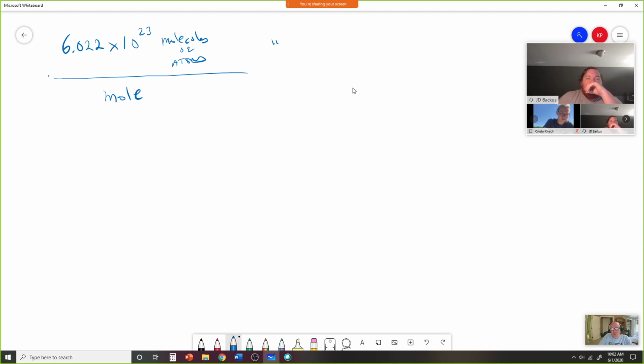We're going to use this whenever we see the words atoms or number of atoms or molecules, because we go by keywords. This is the way I try to do this. We go by keywords to figure out what we need, and then we set things up so that units cancel. That's how we do these.